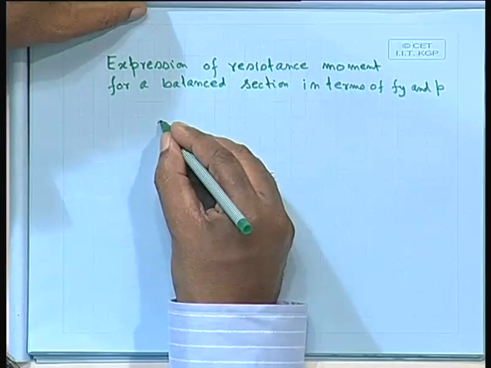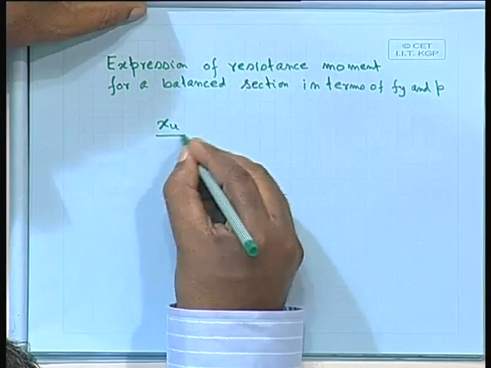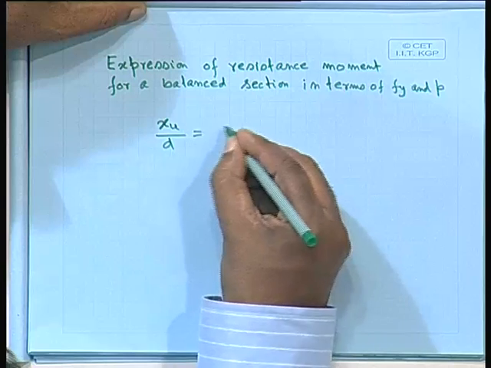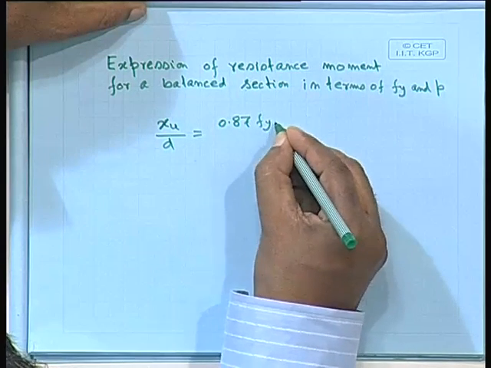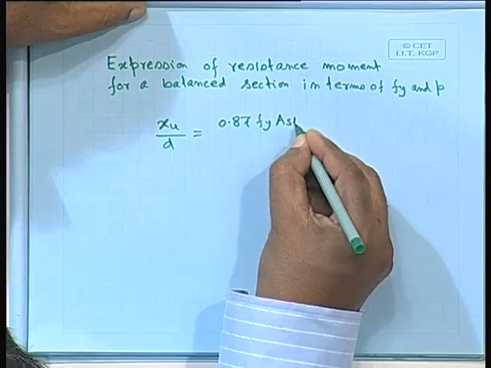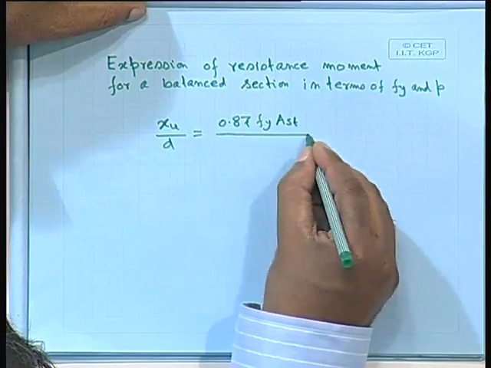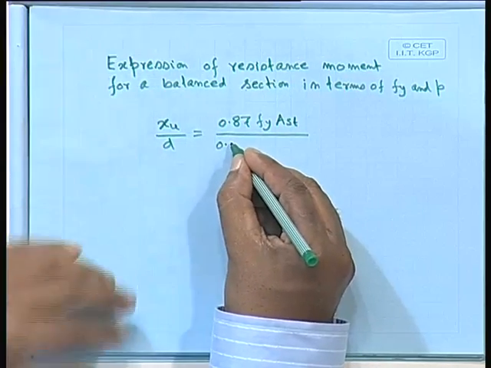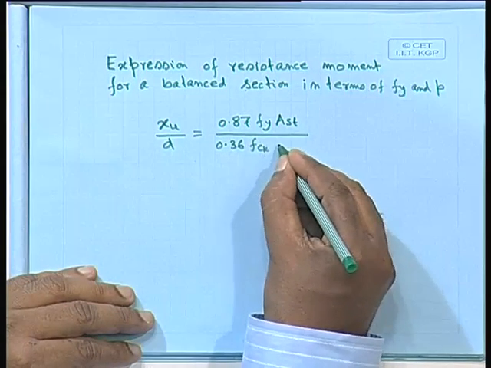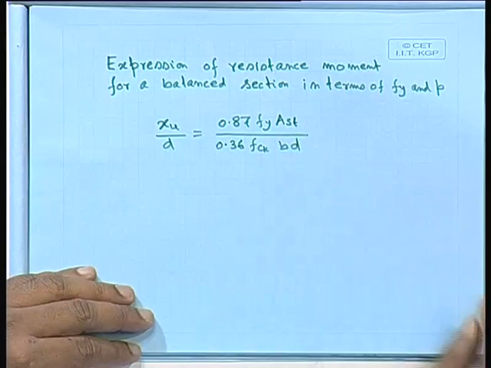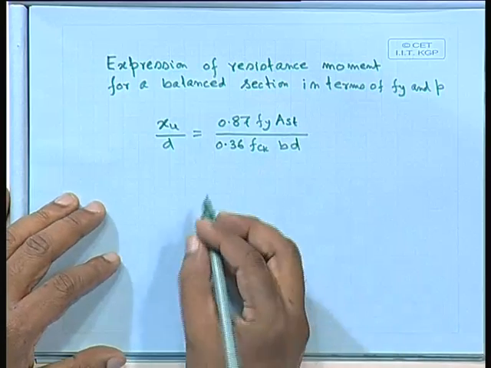XU by D equal to 0.87 FOI AST divided by 0.36 FCK BD, that we have already got.